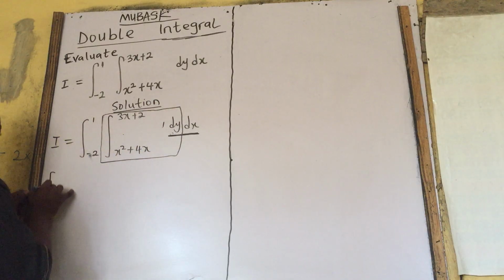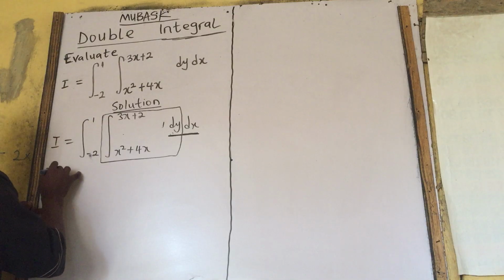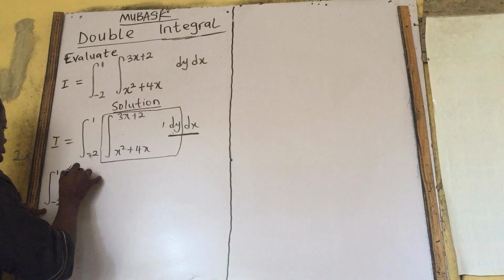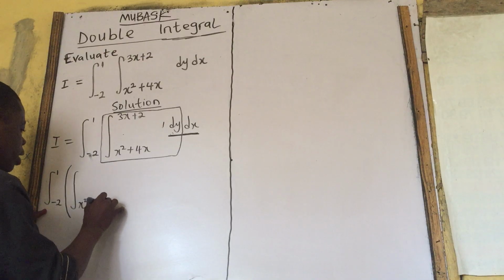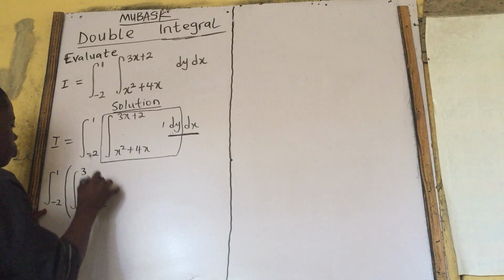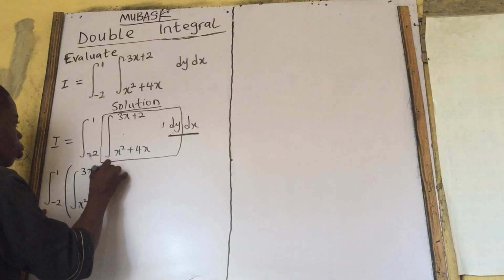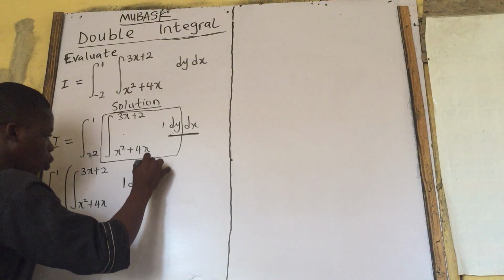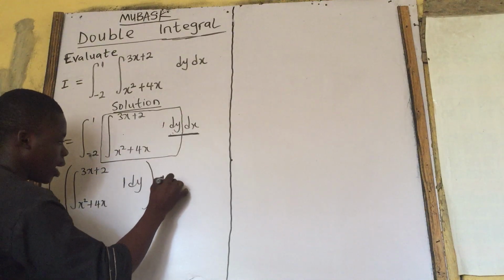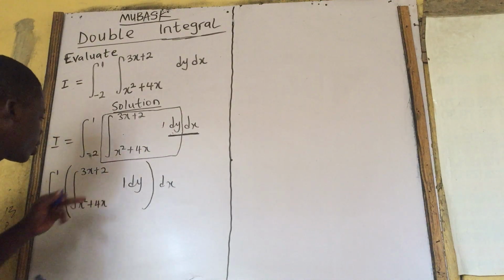Only. So integral from minus 2 to 1, open bracket, integral from x squared plus 4x to 3x plus 2, 1 multiplied by dy, close bracket, dx. We have to integrate this.